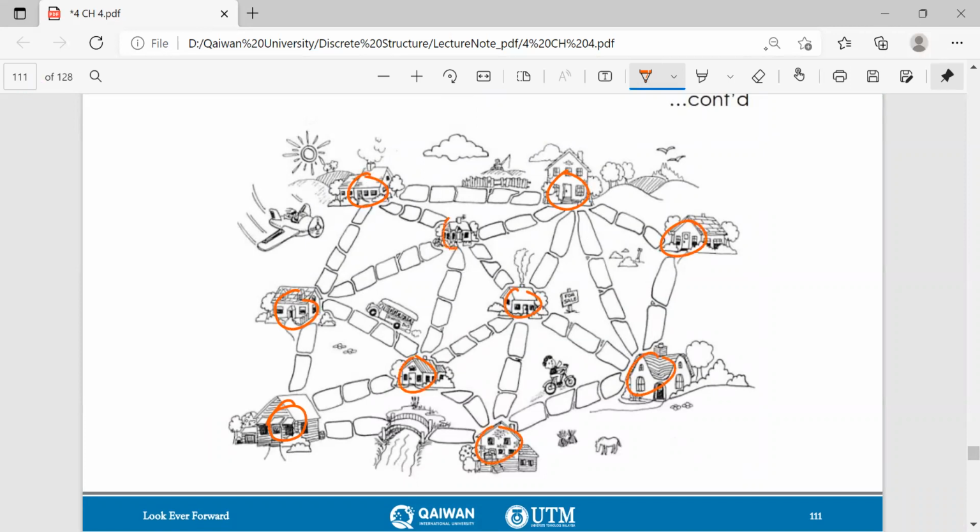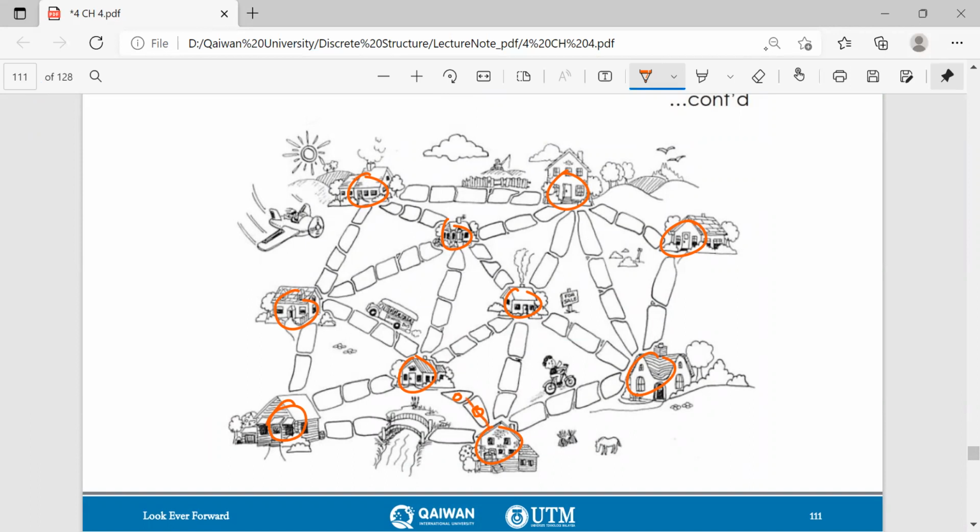We have these houses, and vertices for each. Here, the number of stones is the weight of each edge.